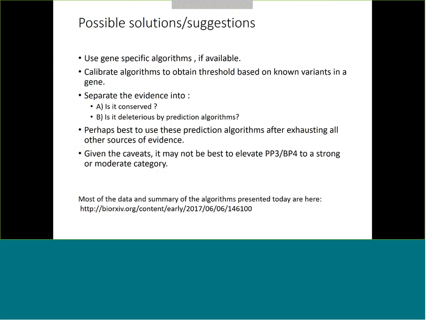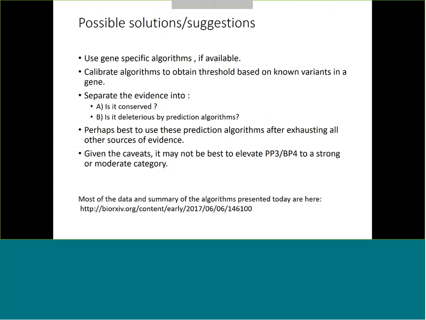So there are lots of caveats, as I've shown, and this is essentially what I think, but this is a set of possible solutions or suggestions. So one is use gene-specific algorithms if available, because it includes the properties of the genes, but there are not many of them. I think there is one for CFTR, and there may be one at Stanford for MYH7 as well.